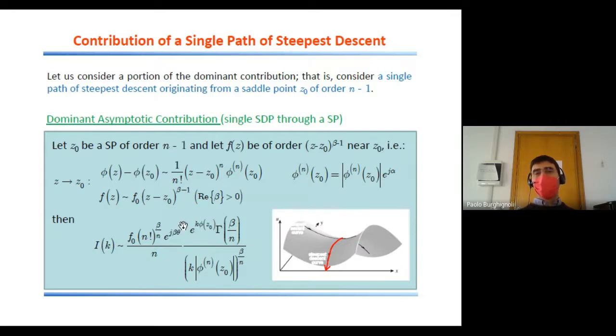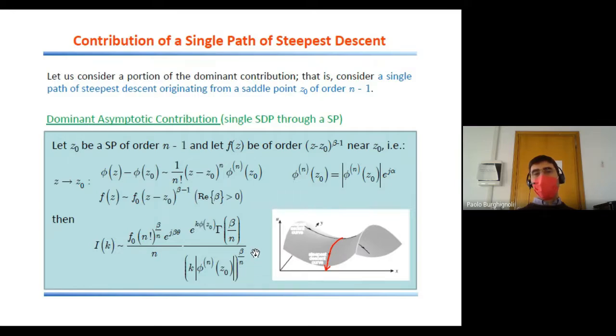Okay, so this is what remains of the original Laplace exponential that occurred inside the integrand. But in the denominator, we have instead a power of k and also of this constant, the absolute value of the nth derivative of phi at the saddle point. Both multiplied together are elevated to the power beta over n.